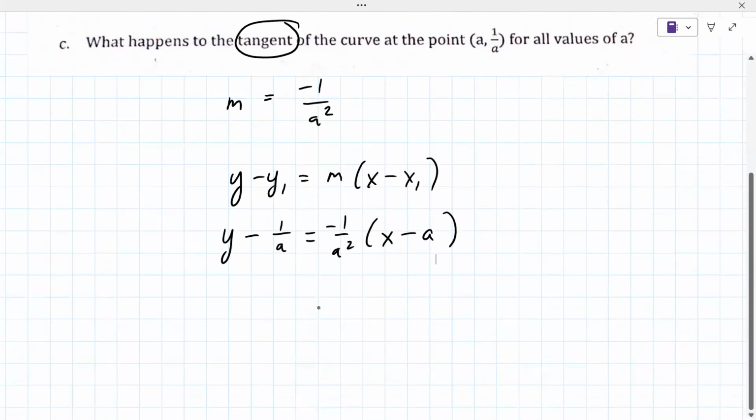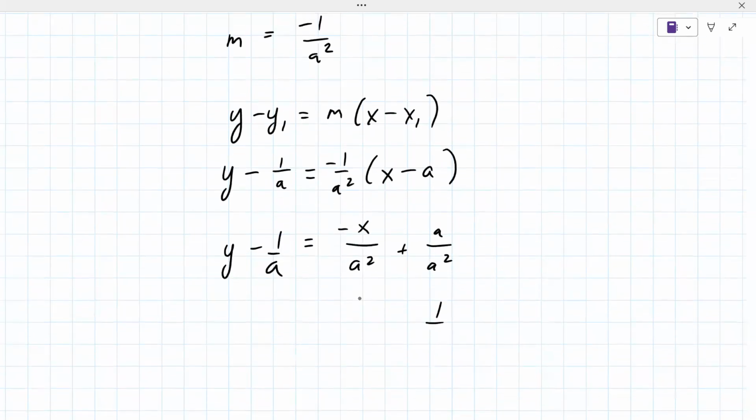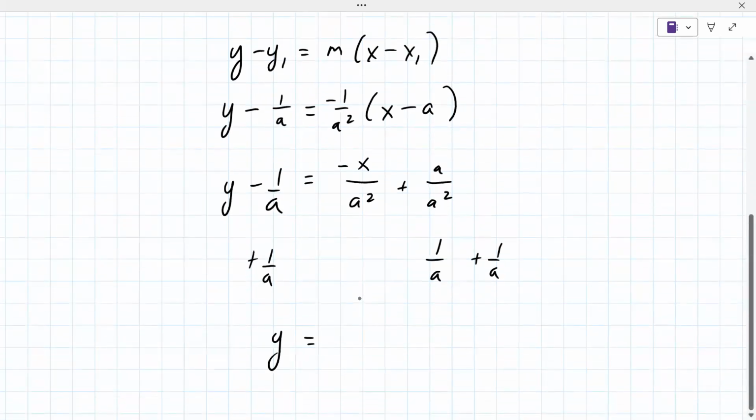All right, so if we distribute this in over here on the right, it's minus X over A squared plus A over A squared, which does reduce to just 1 over A. And if we add 1 over A to both sides, that leaves us with Y equals minus X over A squared plus 2 over A.